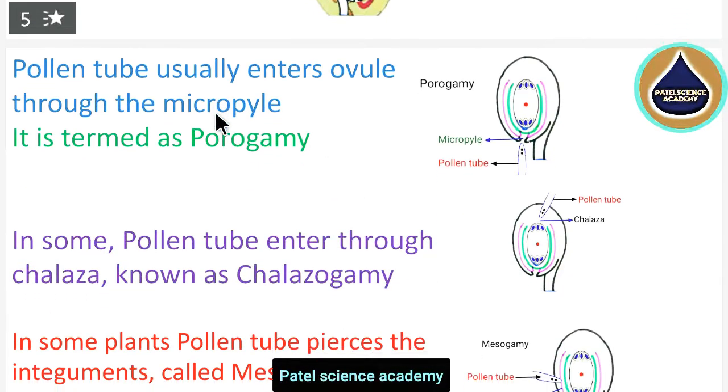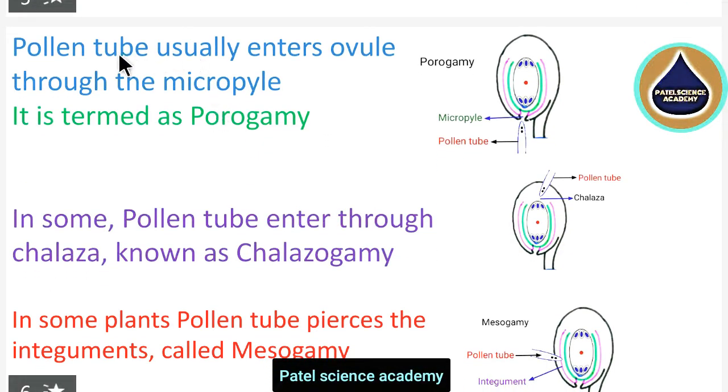So what happened? Pollen tubes usually enter ovules through the micropyle. There are three types of entry of the pollen tube into the nucellus. If it is going to enter into the ovule through the micropyle, through this region, as you know, this is micropyle region, this is chalaza region, and this is integument region.